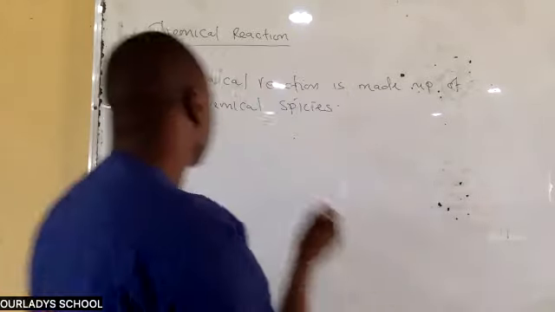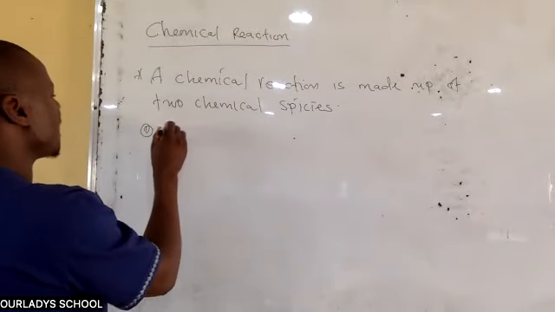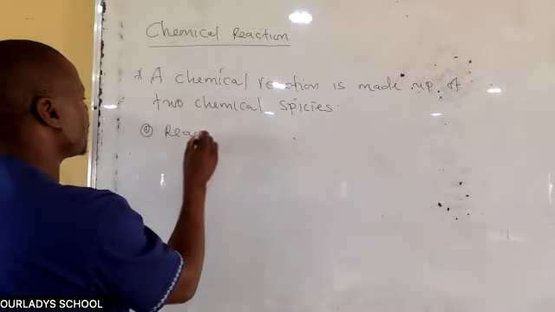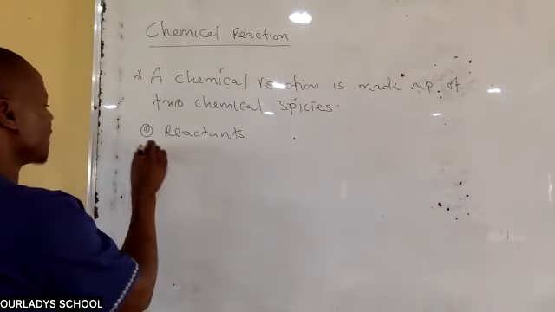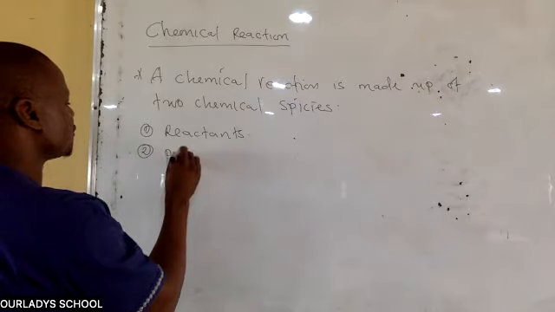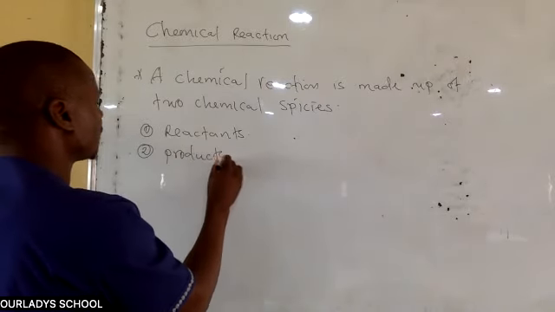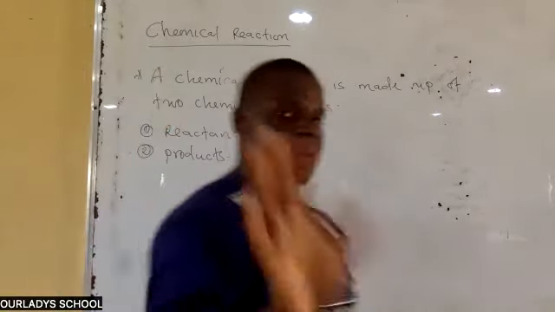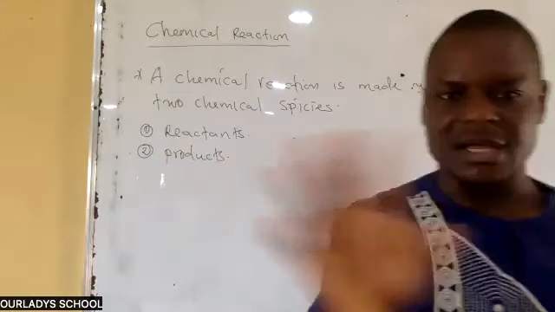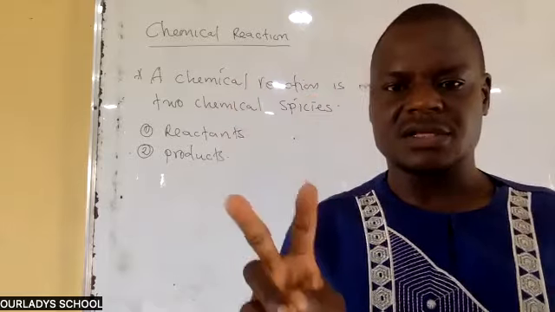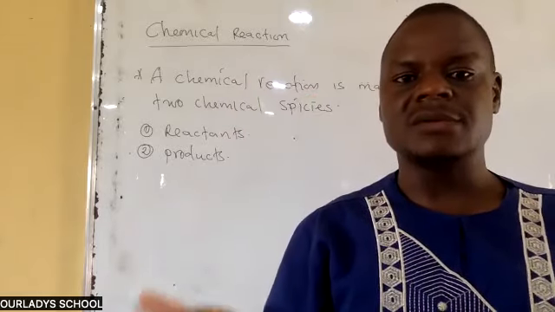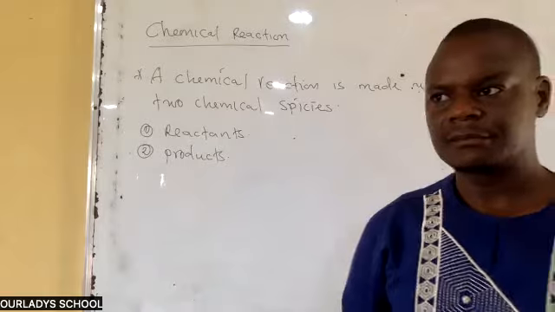And which ones are they? The first one are the ones that we call reactants, and the second one are the ones we call products. So any successful chemical reaction that you might think of, you are likely to have two things, the reactants as well as the products.